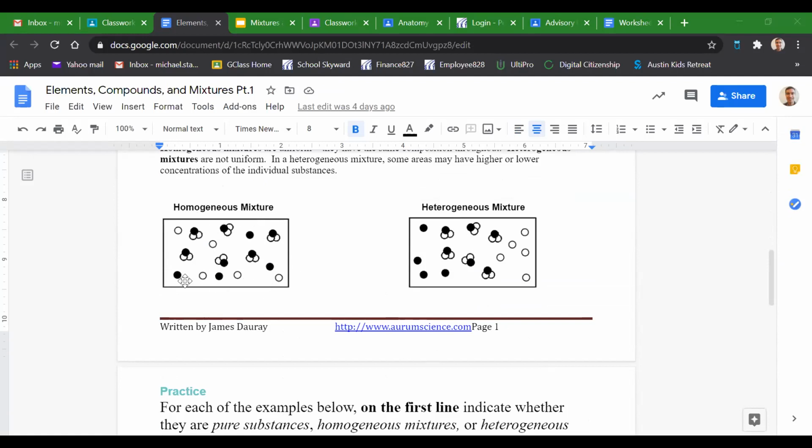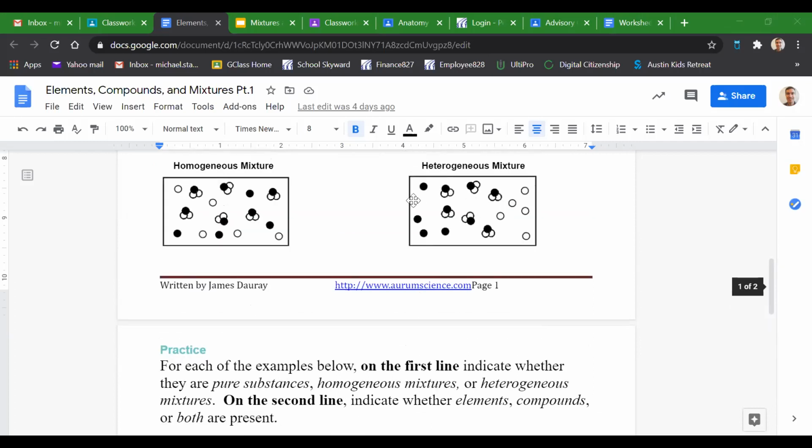There's not one obvious area where there's a whole lot more white elements versus these one black and two white compounds, versus our heterogeneous unequal mixture, where all of the black elements are on the left and then all of the compounds are clumped up in the middle and all of our white elements are clumped up on the right. So that's just some notes to review.